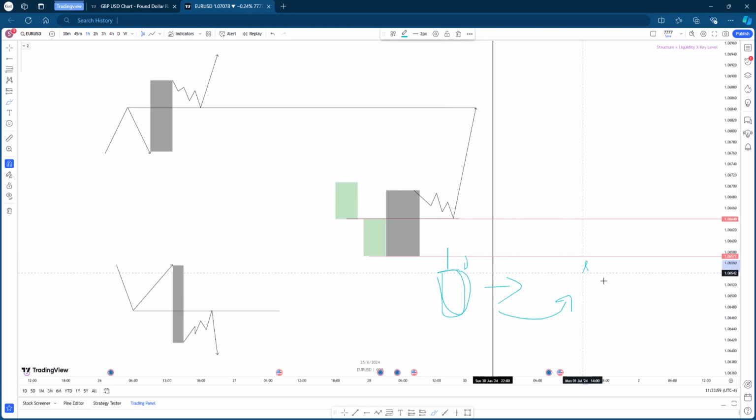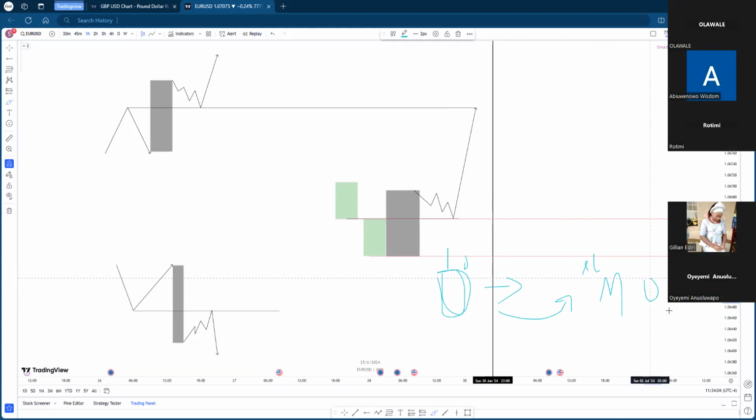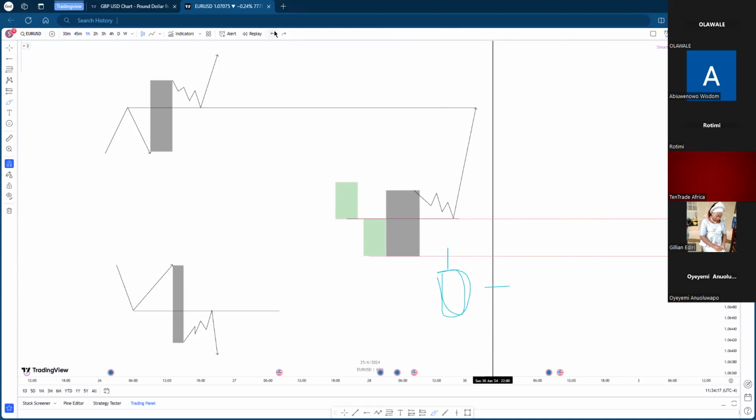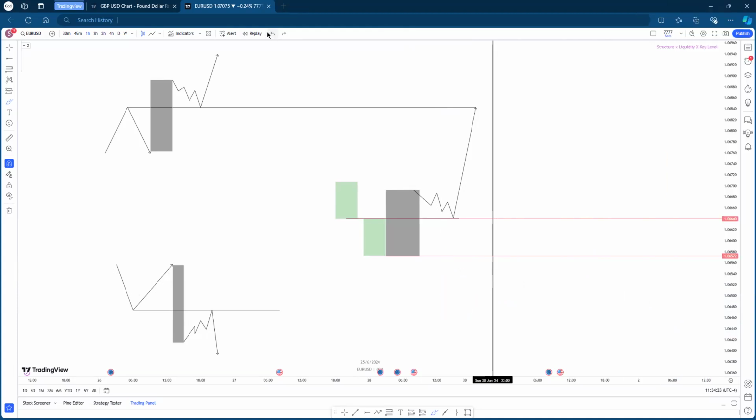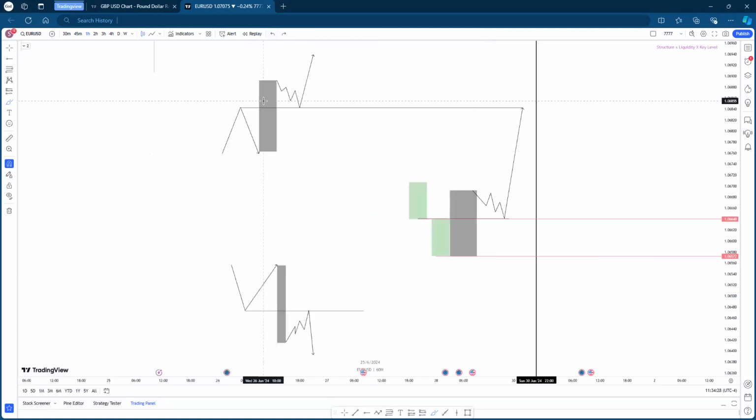From the 4 hours, we want to see price sweep liquidity or break structure, or give us an engulfing that shows we want to move even lower or higher, right? So we have certain conditions. It's as simple as that, right? It just takes a little bit of patience to wait for all of these things to happen. So back to what I was saying, key levels can be used as entries. Key levels can also be used as exit points as well.